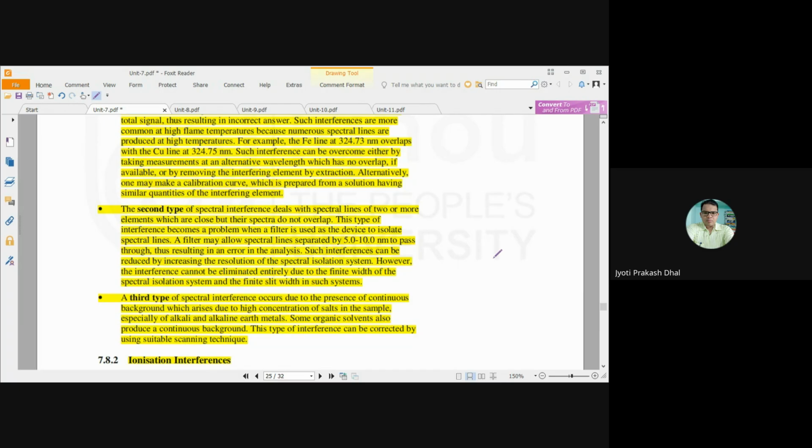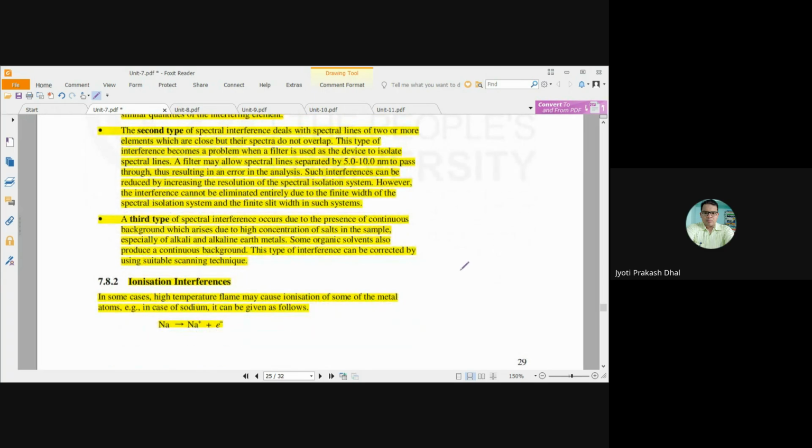The third type of spectral interference occurs due to the presence of continuous background, which arises due to high concentration of salt in the sample, especially for alkali and alkaline earth metals. Some organic solvents also produce continuous background, and this type of interference can be corrected using a suitable scanning technique.